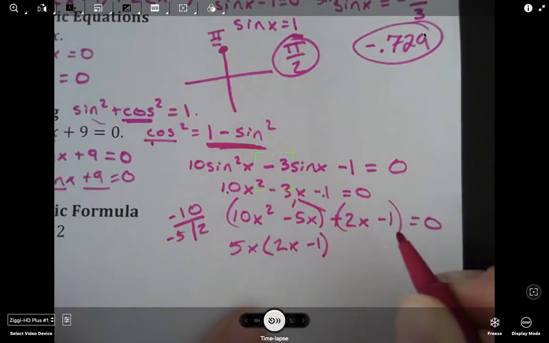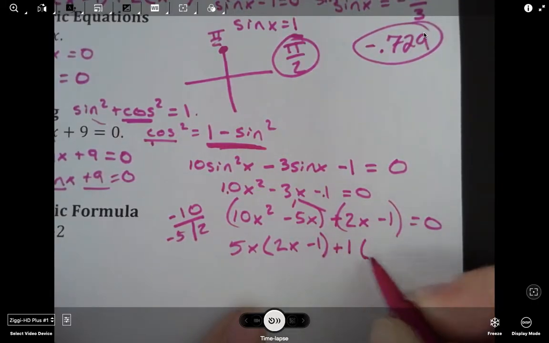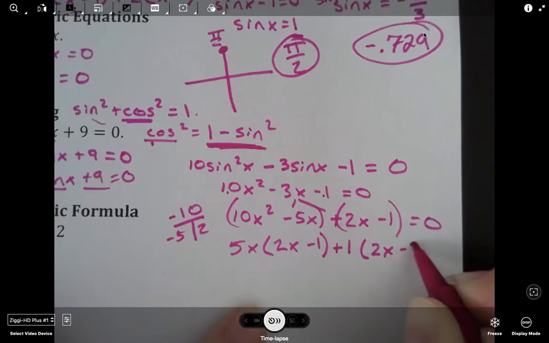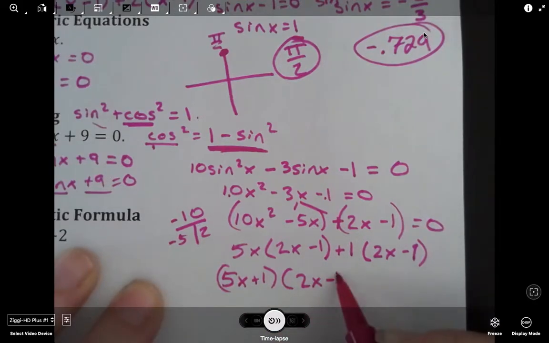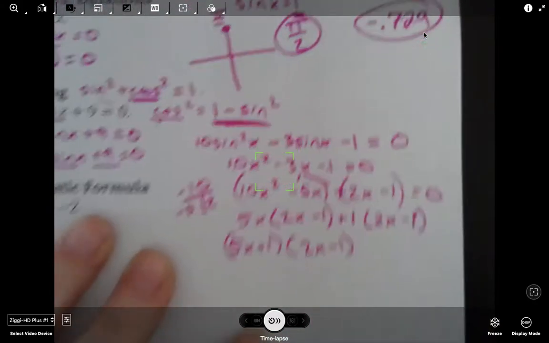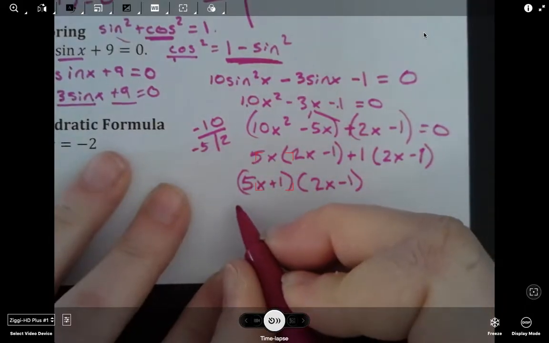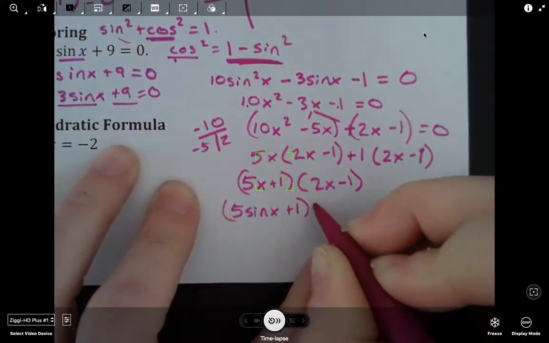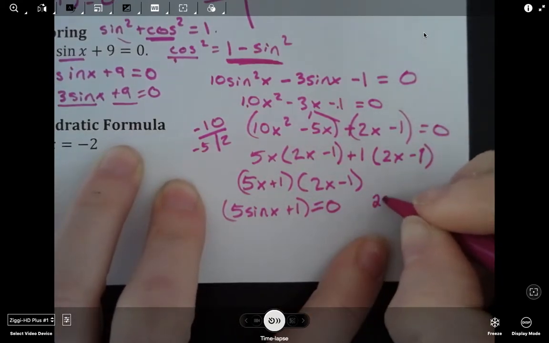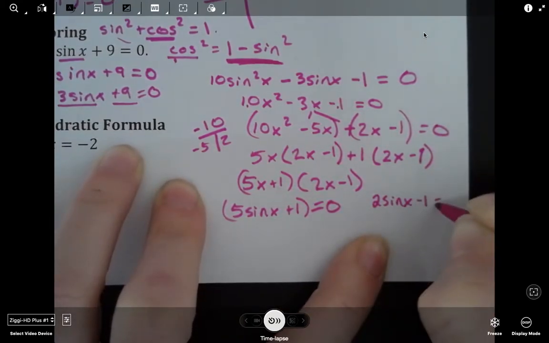And out of the second piece, you still need to pull something out. It's going to be a 1, 2x minus 1. So my two pieces are 5x plus 1 and 2x minus 1, except they're not x's. They're actually sines. So 5 sine x plus 1 equals 0, and 2 sine x minus 1 equals 0.